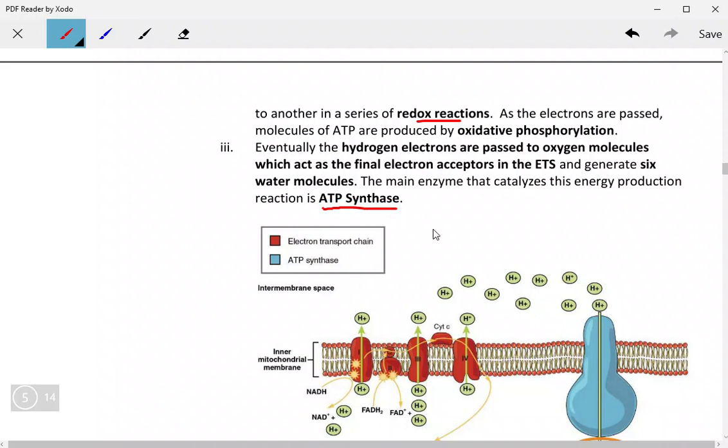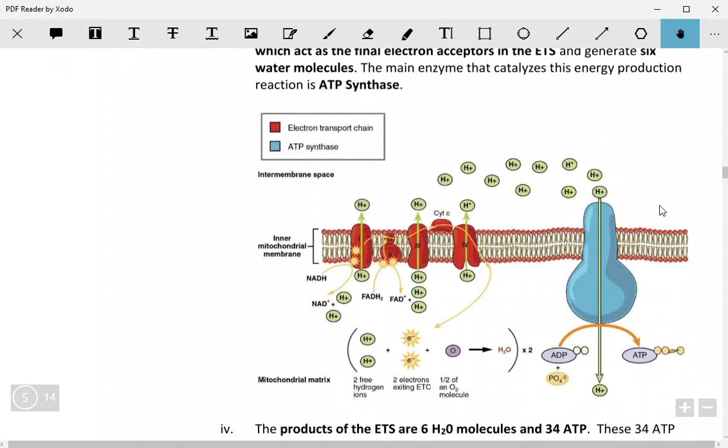It is going to produce that ATP for us through what? The flow of the hydrogen ions, these hydrogen electrons. It is going to use the flow of these hydrogen electrons flowing through it to help generate ATP.